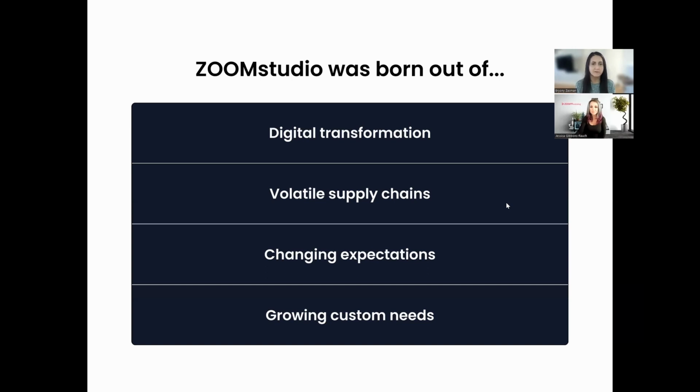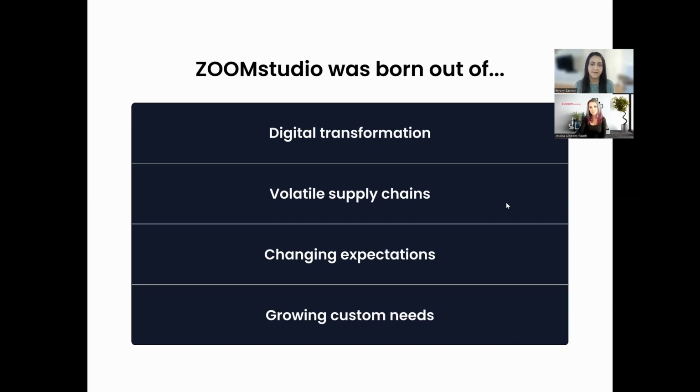And of course, without a tool like ZOOMstudio, you're reliant on a design team and waiting for that to be done. And it's going through multiple points of contact before you can get what is needed. So by looking at the changing buyer expectations, we can see that there is a need for suppliers to provide tools to their team and distributors to be able to fulfill quick requests quickly, seamlessly, and easily.